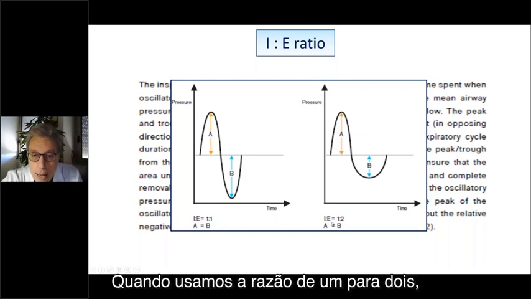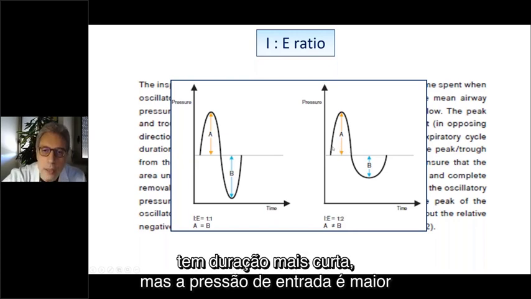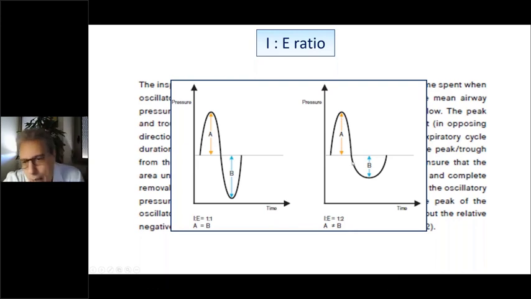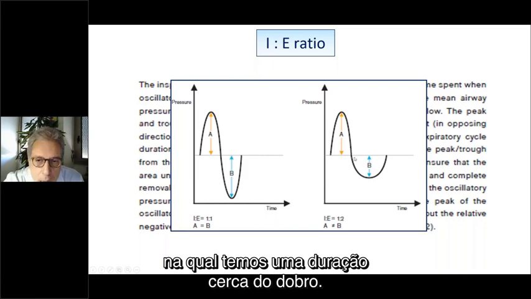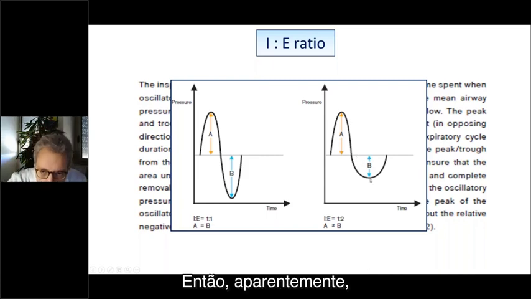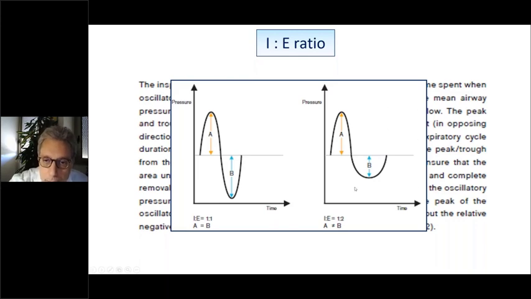When we use 1:2 ratio, of course, it means that the inspiration is shorter in duration but higher in peak pressure, in the opposite of the expiration phase, in which we have a duration about double and a trough apparently half, just because the area under the curve should always be the same, okay?